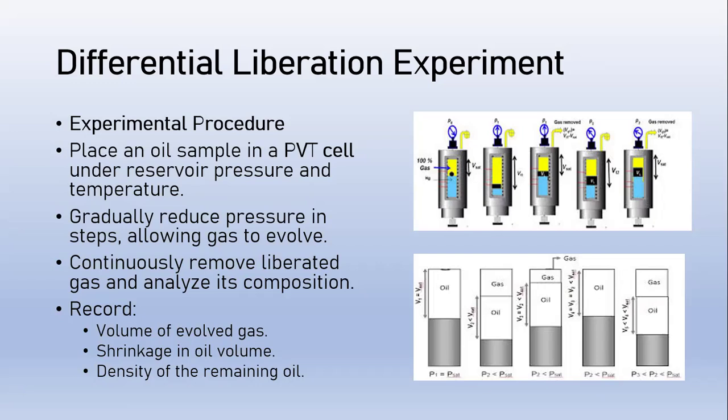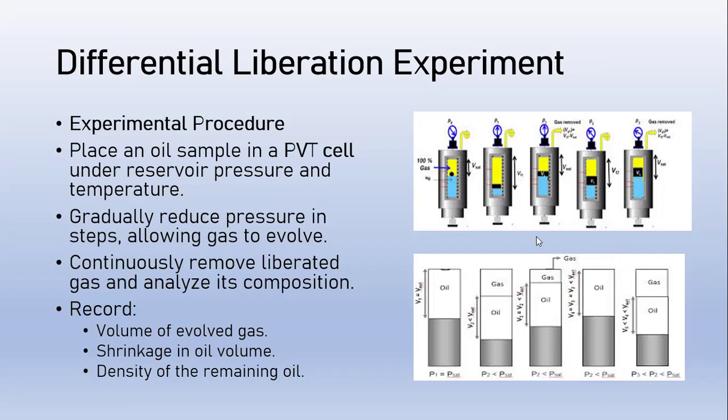Then you measure the PVT properties of the fluid that remains within the PVT cell, such as the GOR of that fluid, the formation volume factor, the oil density, and so on. So when you subject it to the next pressure, gas will liberate again, then you eject it out.